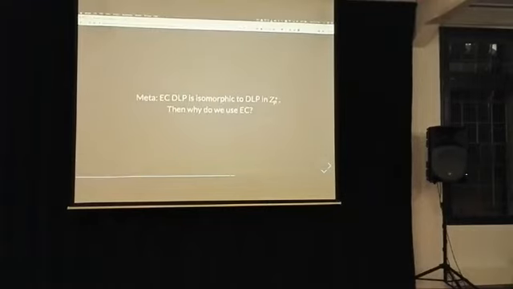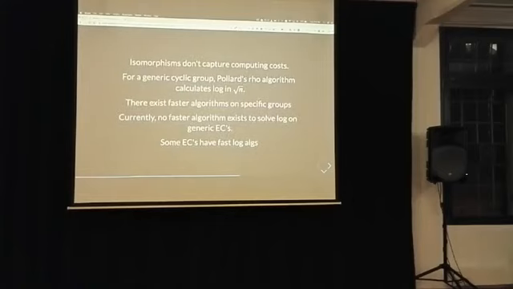So on a meta level, it turns out that the elliptic curve discrete logarithm problem is isomorphic to the discrete logarithm problem in the group that we already discussed. If it's isomorphic, why do we use elliptic curves? The short answer is isomorphisms don't capture computing costs. For a generic cyclic group, Pollard's rho algorithm calculates the discrete log in root n.